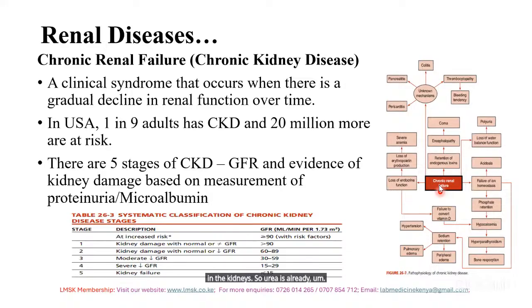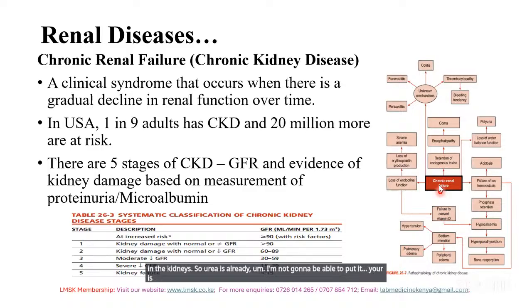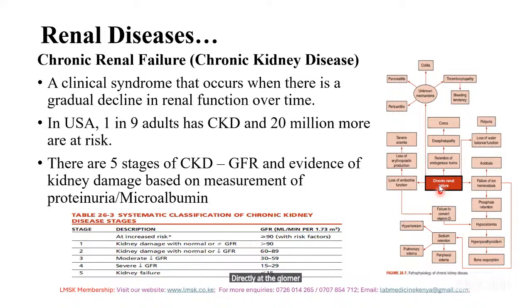Urea is already metabolized through ammonia in that particular reaction to give us the waste product that's actually excretable directly at the glomerulus into the urine as a waste product. But blood urea nitrogen tries to give us an average, better measure of how much urea concentration is in the blood.